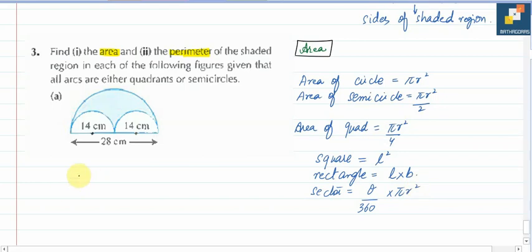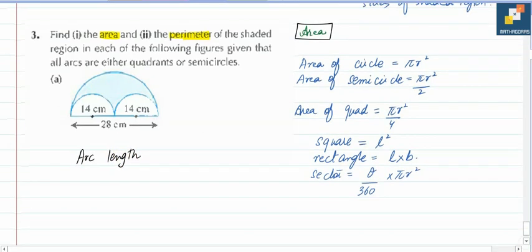Similarly, I am going to write the working formula for arc length, right? Now you need to write down all your working formulas on one page so you can solve the question very easily. Now arc length of a circle is 2 pi r. Arc length of semicircle is pi r.